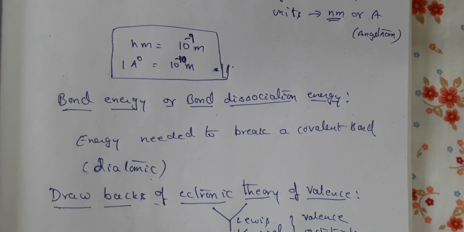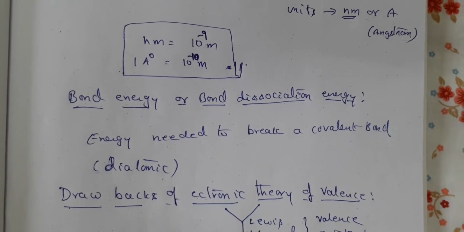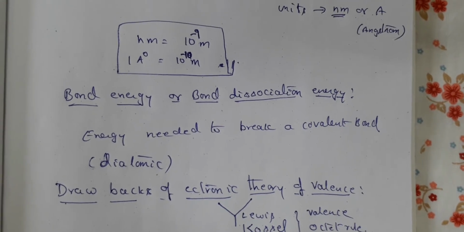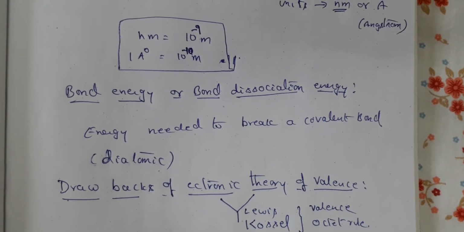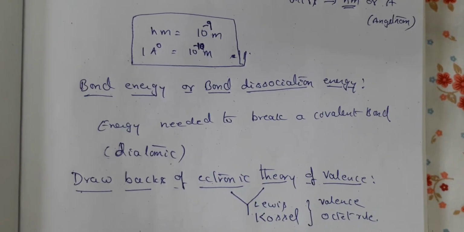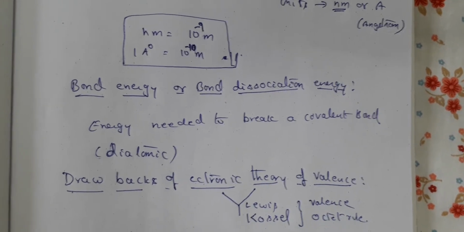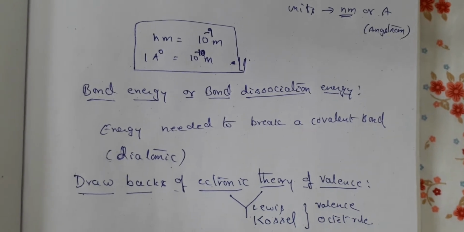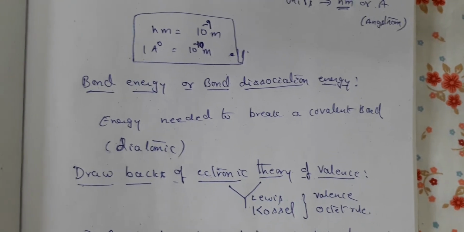How much energy we have to supply in order to break a bond between two atoms, that energy we call bond energy or bond dissociation energy. So that is the energy needed to break a covalent bond between two atoms, or in short, to break a diatomic covalent bond.